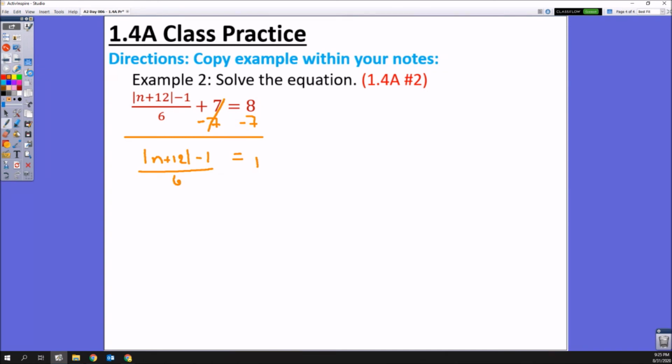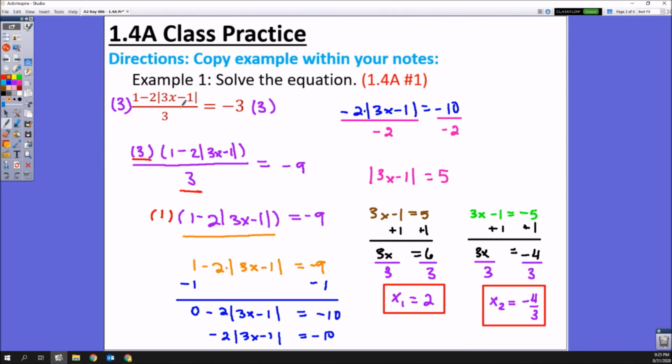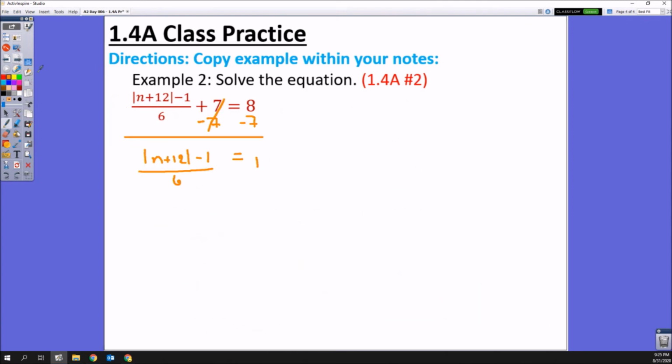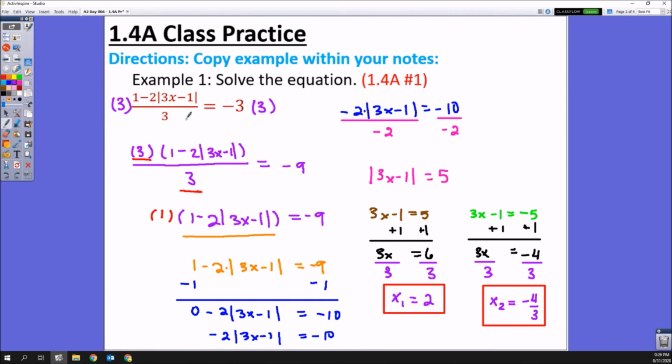So in the previous example, I multiplied both sides by the denominator. So in this case, I'm going to multiply both sides by the denominator, which is 6. And just like in the previous example, when I multiply by 3 on both sides, the 3 in the numerator and the 3 in the denominator, they both divide into 1.